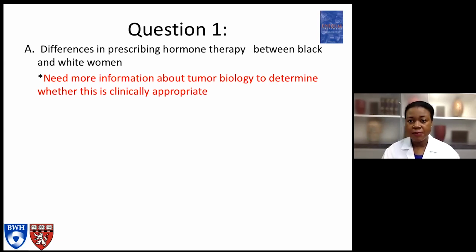We understand the epidemiology of breast cancer indicates that women who are Black and self-reported Black ethnicity tend to have triple negative cancers in terms of their hormone status. But we should also make the very important point here that race is a social category and not a biological category. So in order to know whether the care here is clinically appropriate, we really need to understand the biology of the tumor in order to know whether this is a difference or a true healthcare disparity.